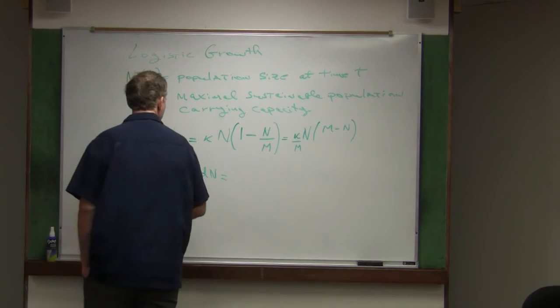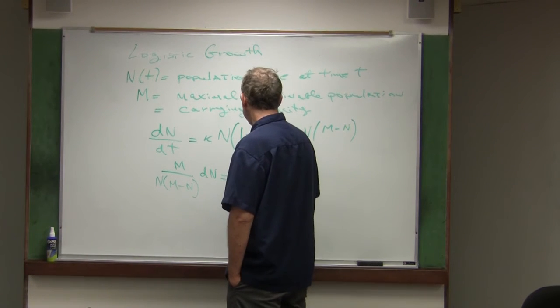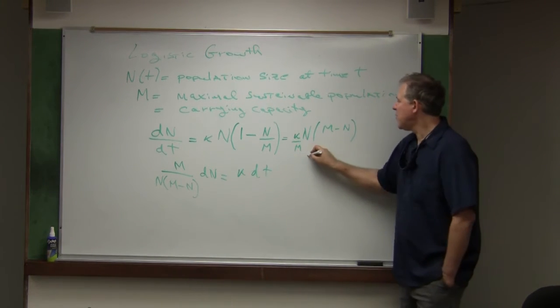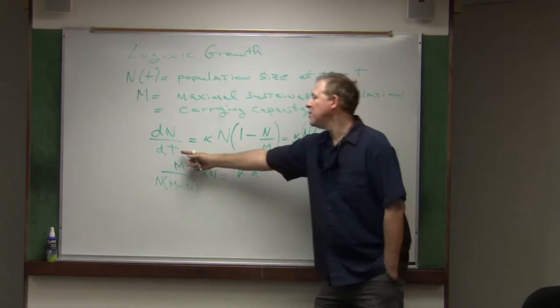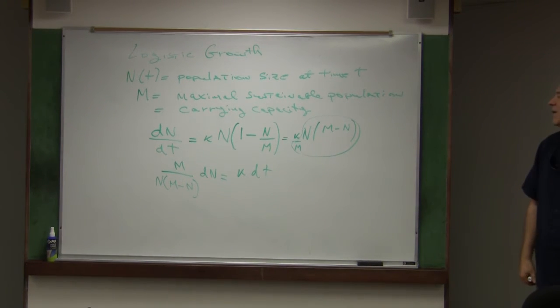And then over here we'll just have the k dt. So I moved all of this over, but I left the k, and then I moved the dt over to go with the k.